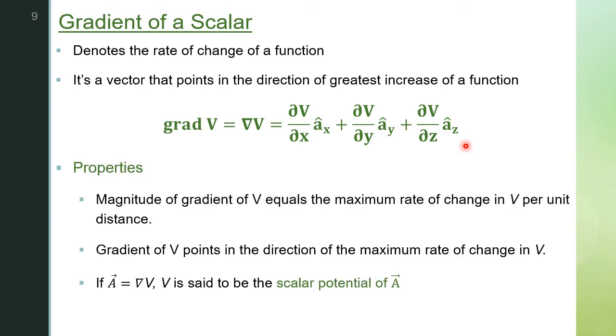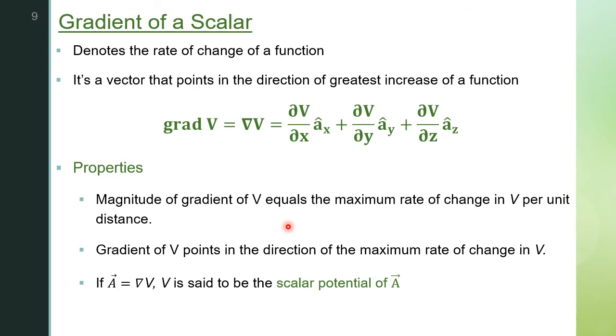And the properties related to gradient is that since it is a vector, it will be having a magnitude as well as a direction. So magnitude will be the maximum rate of change in the scalar quantity V per unit distance. And it will be in the direction in which there is the maximum rate of change in the function.